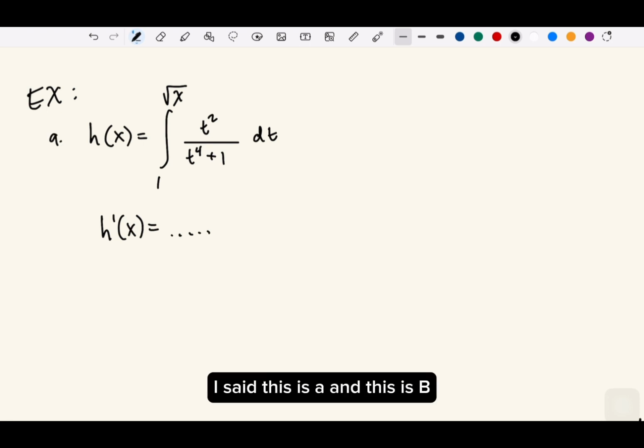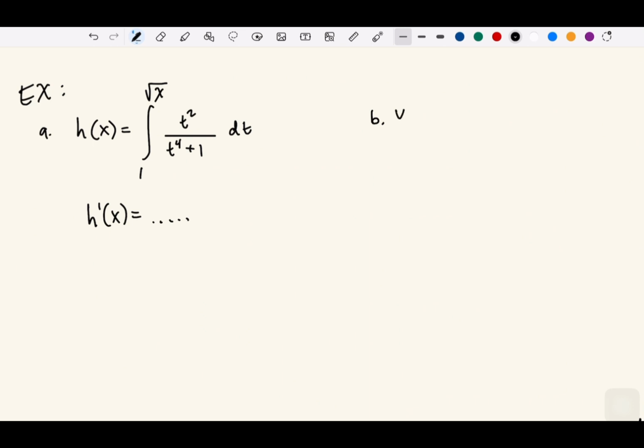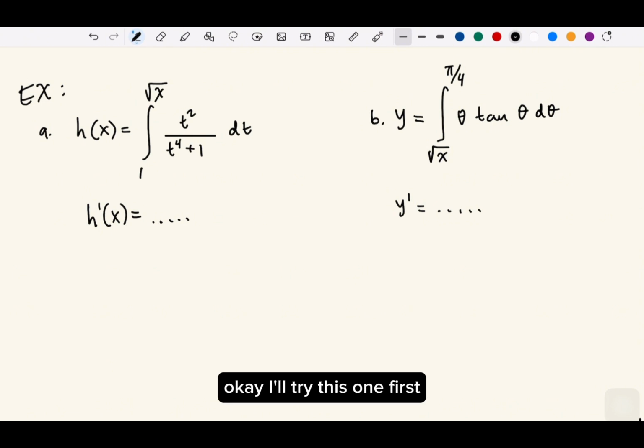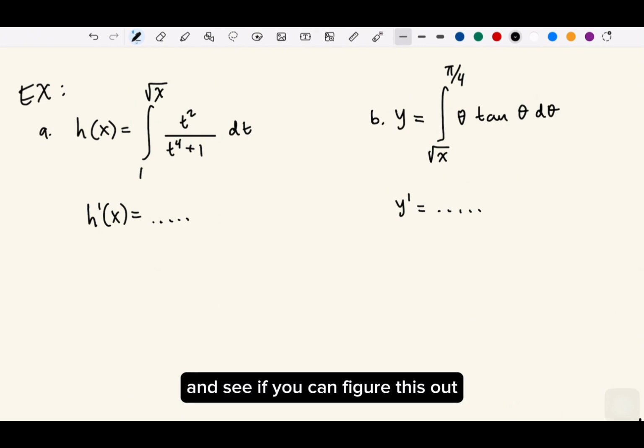Let's say this is A and this is B. Okay, I'll try this one first and see if you can figure this out.